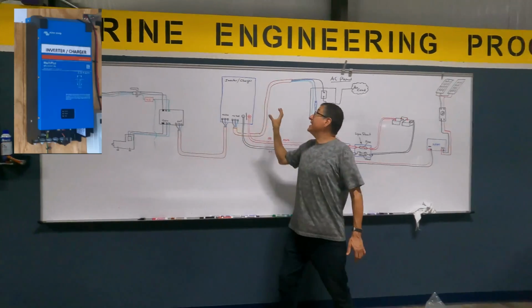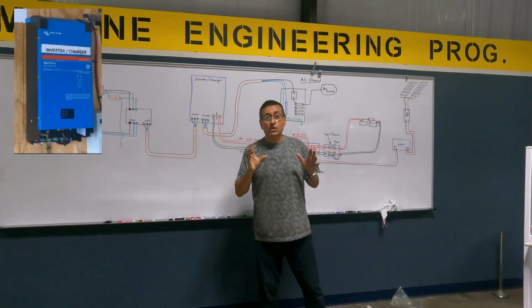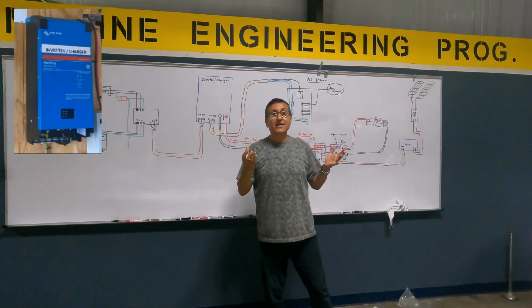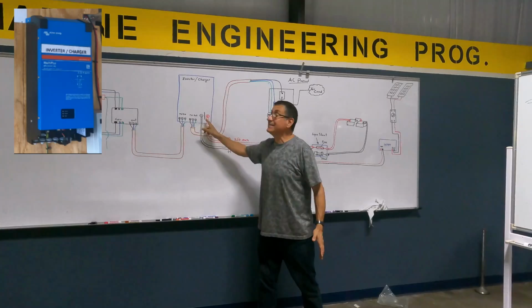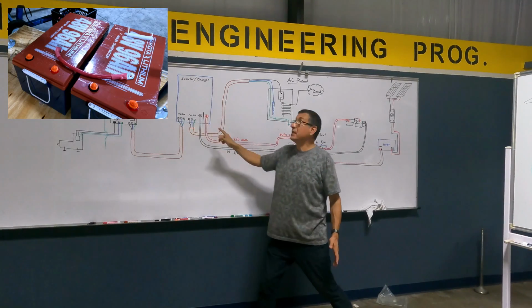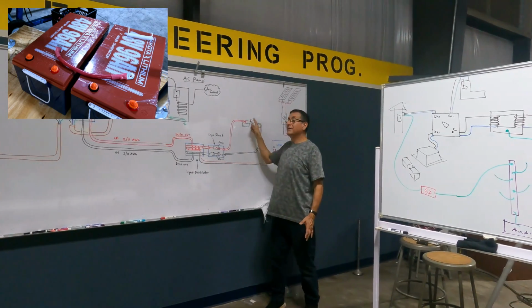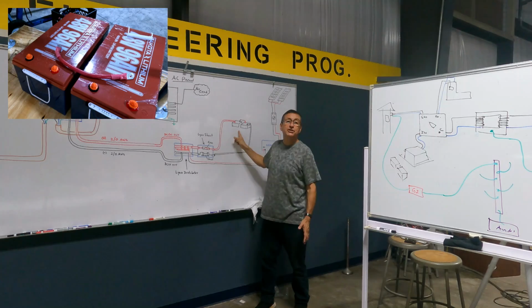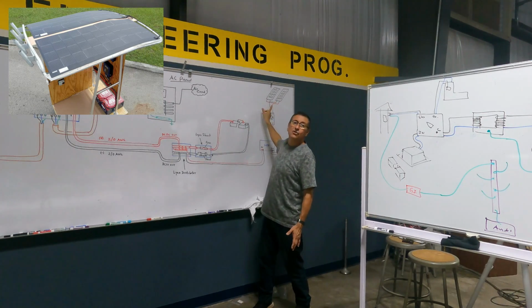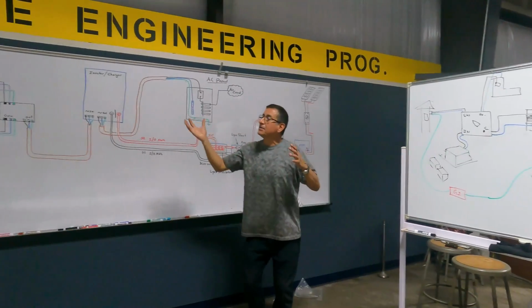Okay, but this inverter charger can also work with the traditional input. The traditional input is DC, positive and negative, coming from the battery bank. And the battery bank will be charged from the solar panel. Okay. But how is that administered?